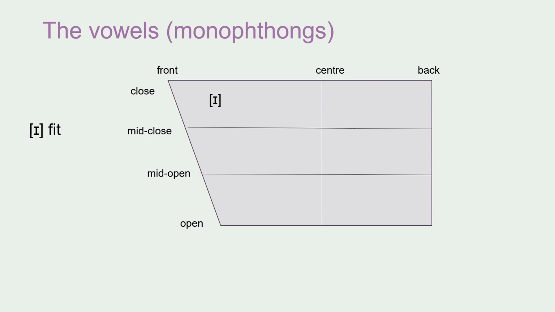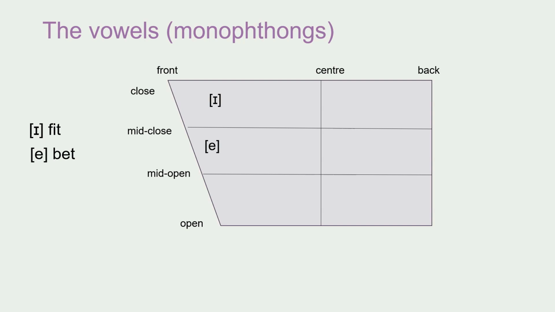Now, slightly further down, we have the vowel E, represented by the letter E, as you might expect, for this sound, as in the word bet. Now, we can see that this vowel is lower than the I, is more open. If you go between those two vowels yourself, you can feel your tongue moving up and down as you say those two things.